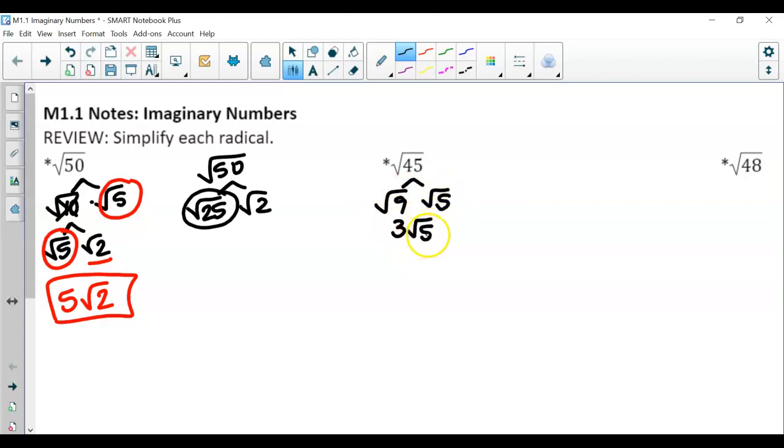So 3 radical 5. Then here, 48. The perfect square factor is 16, so I could state radical 16 and radical 3. The square root of 16 is 4, so 4 radical 3.